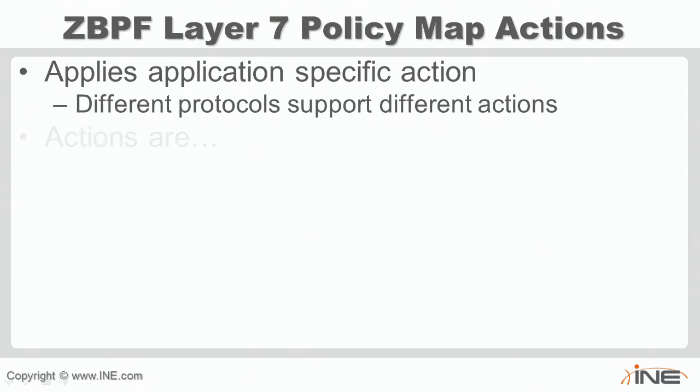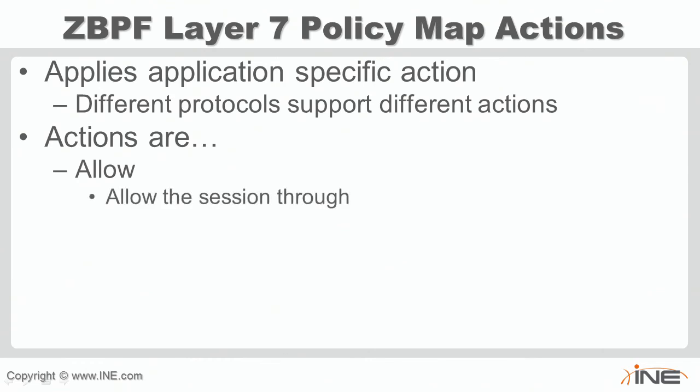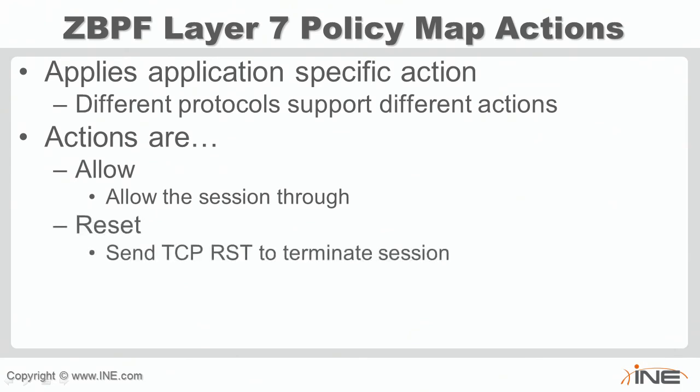But in general, there's going to be 3 actions overall. First one is that we would allow the flow. So we're simply going to allow the session through, which could then forward it to our normal layer 3, layer 4 policy inspection.